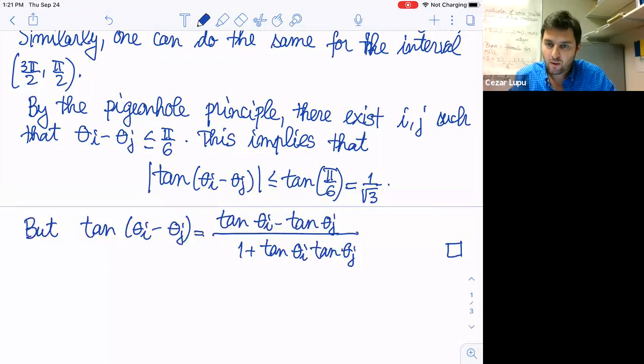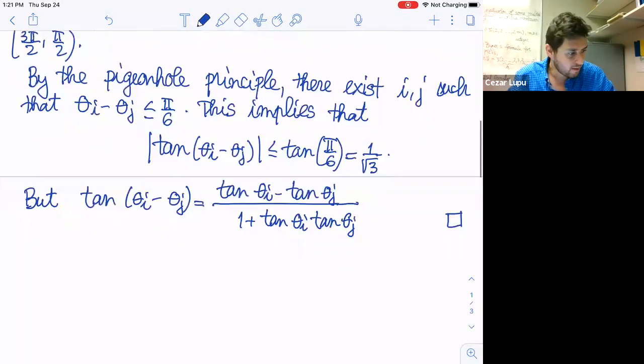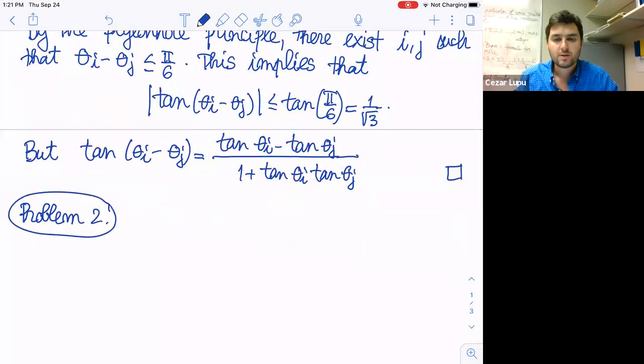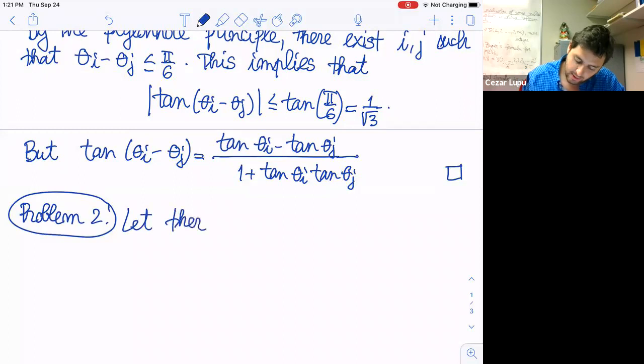Okay, now let me do problem number 2. So problem 2 says the following. So, wait, what does it say? So we had these 9 points. The statement was, let there be given 9 lattice points.